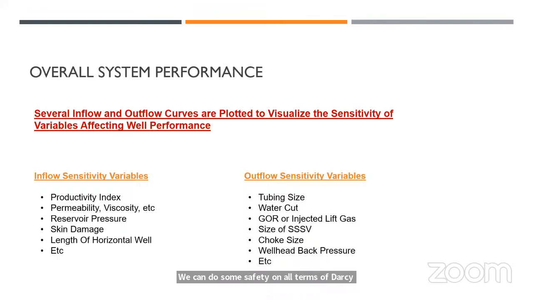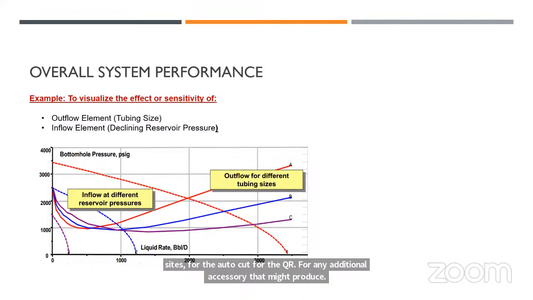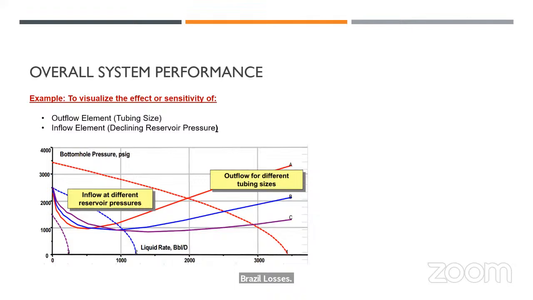For outflow, we can do sensitivity for the tubing size, the water cut, the GOR, and any additional accessory that might produce pressure losses. Prosper also gives us the opportunity to do sensitivity on both types, so we can run several sensitivities on inflow or outflow to understand how much rate we can get on the surface in each case. This is overall system performance.